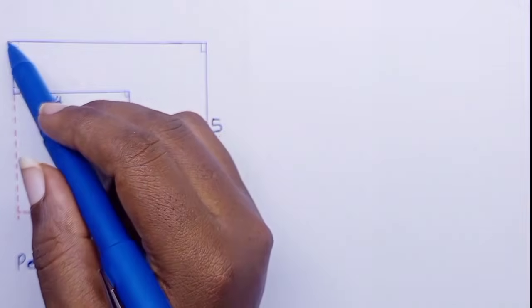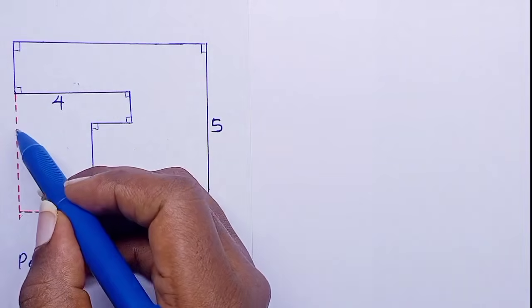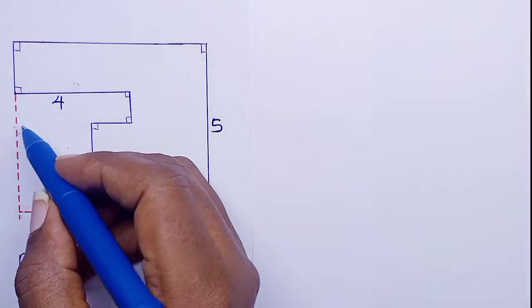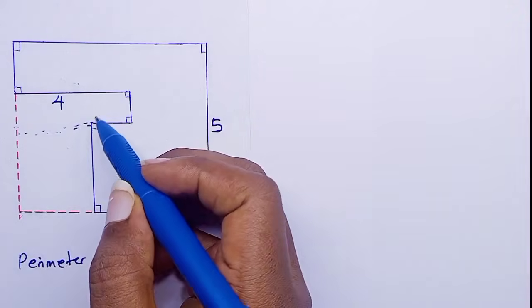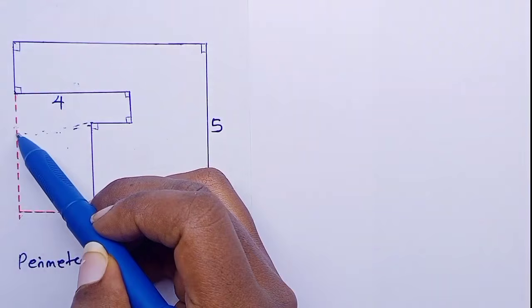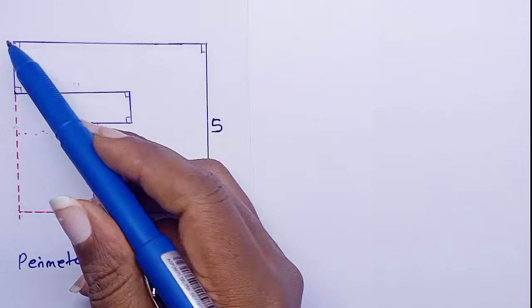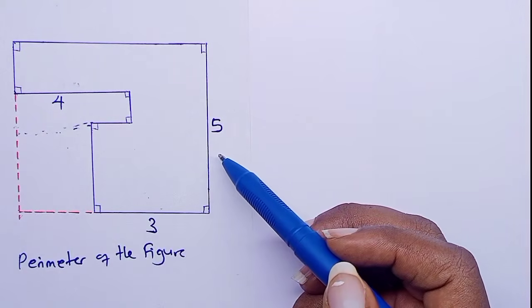So if we add from here to here, then from here to here, then from here to here, this whole side should be equal to 5, the same as this side.